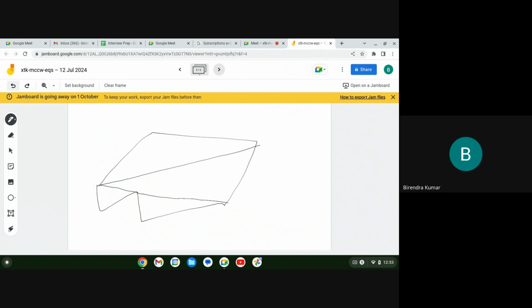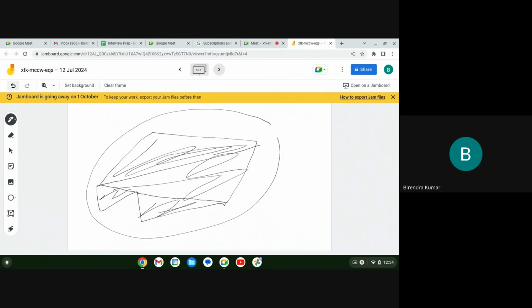Those areas we will know, and then we'll break our complex shapes into those simpler shapes and find out the area of them all. Add them together, because area is the space taken by this shape. So this space plus this space plus this space plus this space gives me the total area of this composite shape.